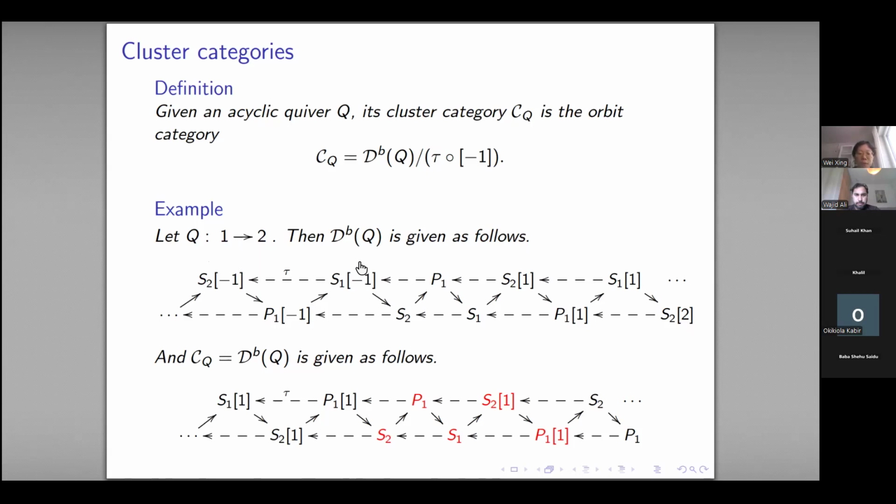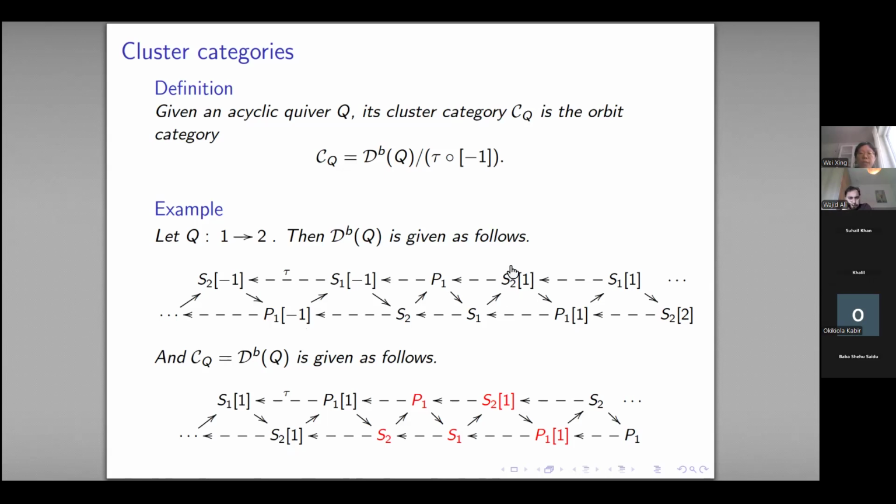Really, we still look at this quiver Q from 1 to 2, and we have seen the bounded derived category of the quiver Q. And by taking the quotient, some of the objects in this category would be identified. For example, if we look at S2 shifted by 1, applying the translation functor tau, we will get P1. And applying -1, we'll get P1 shifted by -1.